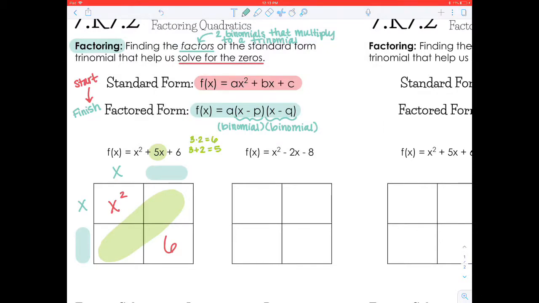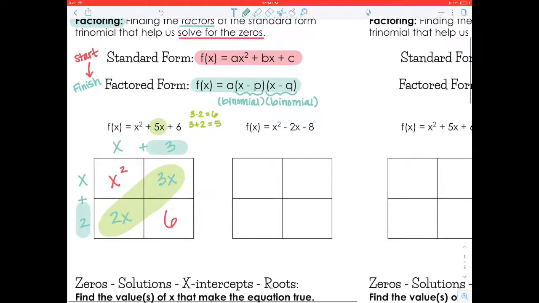So if I put a plus 3 here, and then a plus 2 here, the area for this top right box would be 3x, because 3 times x is 3x, and then 2 times x is 2x. Add those together, I get 5x, okay?